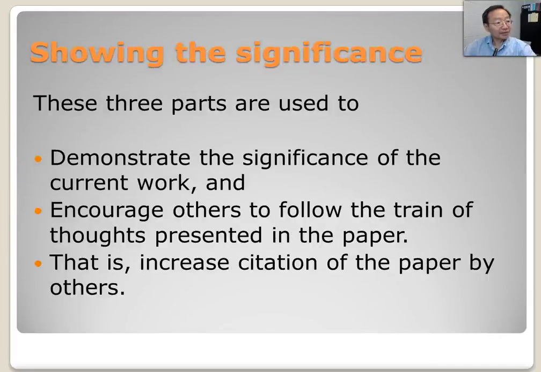Now, these three parts generally are used to show the significance of the current work and encourage others to follow the train of thought presented in the paper. That is, we like to use those steps to increase the citation of the paper by others.